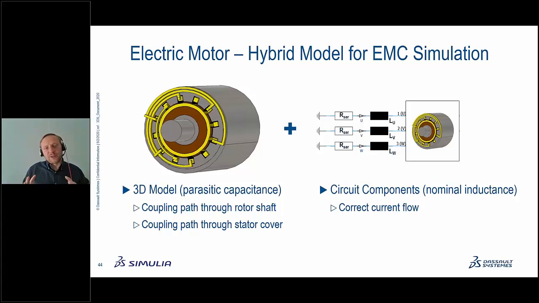One is the coupling of the stator winding to the rotor shaft, to the inner part here, and the other is the coupling of the stator winding to the enclosure. Both are kind of parasitic capacitances, where the current will flow at higher frequencies. This coupling is important for us, because it will determine how the common mode flows in the complete system, from the motor maybe back to the inverter over some chassis parts.